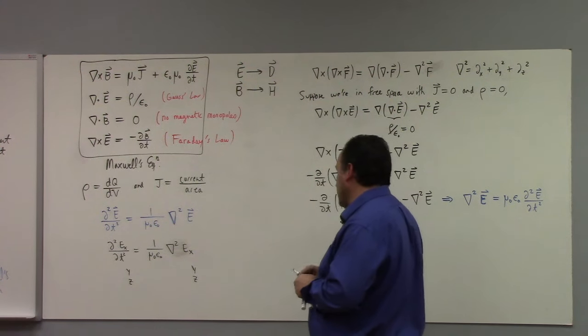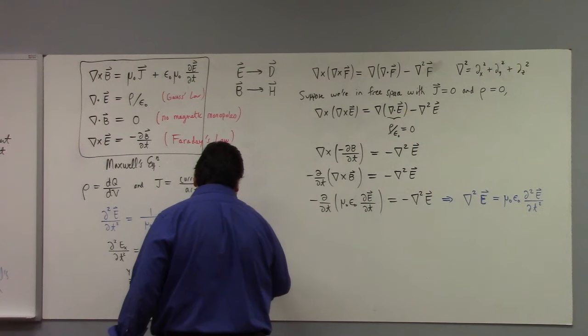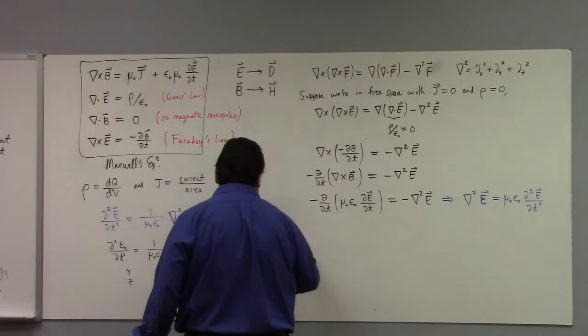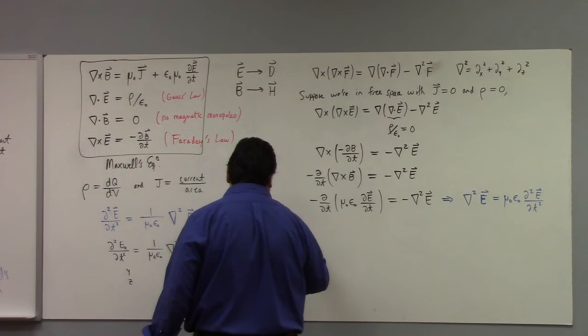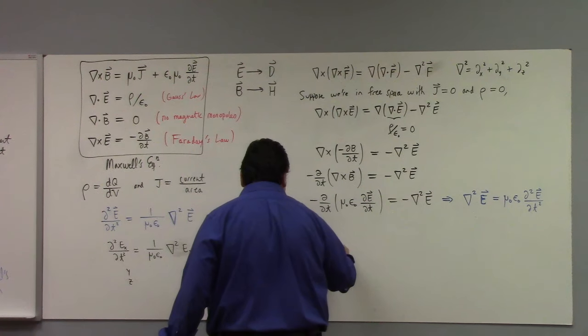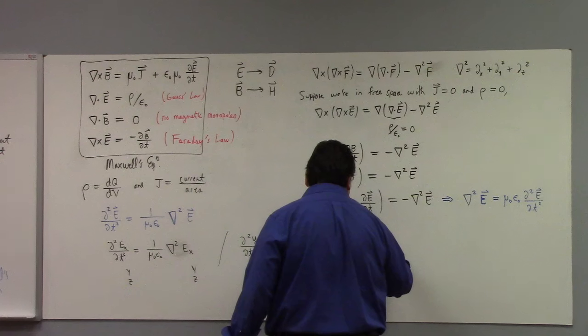So let me remind you something. If we have partial squared y partial t squared equal to 1 over v squared times partial squared y partial x squared, this is the one-dimensional wave equation.